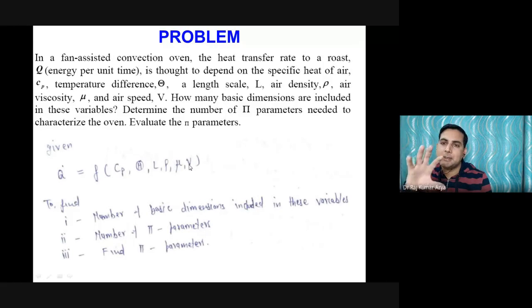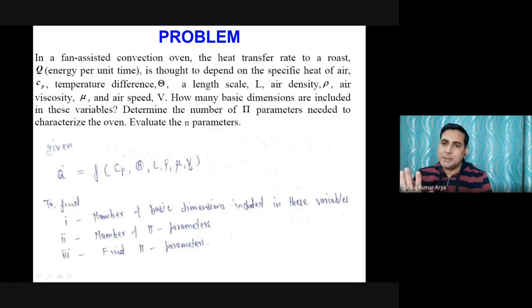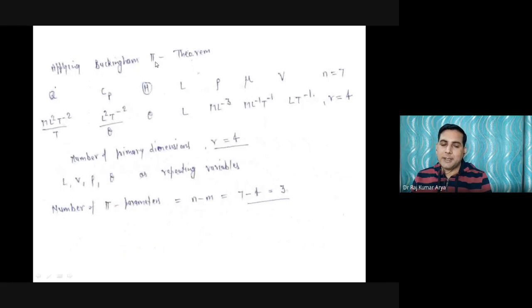These many things are given in this problem. So list all of them first, that Q depends on so many things. After that, write the dimension of each parameter. So first, the number of basic dimensions in these variables and the number of pi parameters: these three things need to be found.